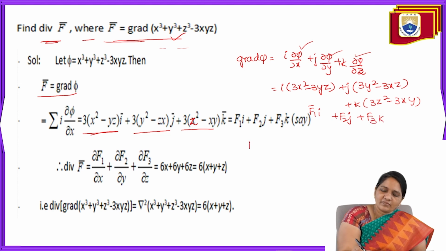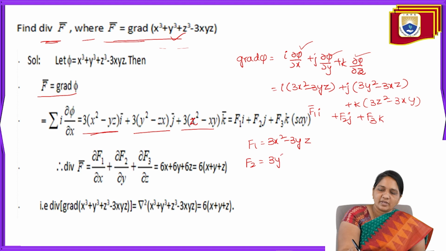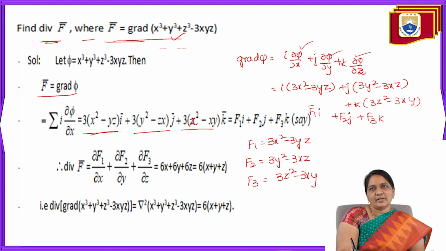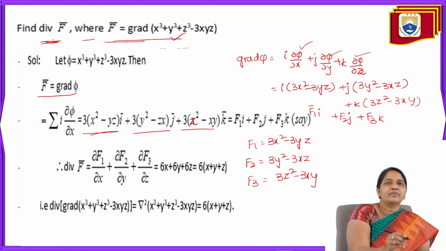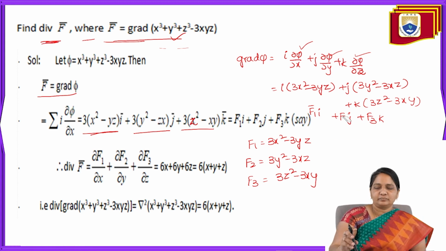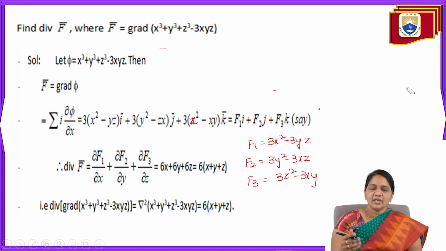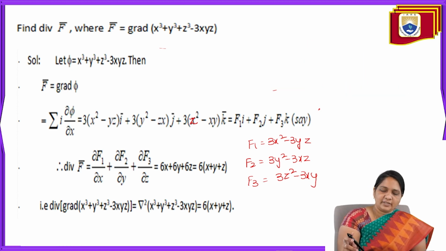So that means f1 value is 3x square minus 3yz. Next, f2 value is 3y square minus 3xz. Next, f3 value is 3z square minus 3xy. So after knowing these values, we can calculate the divergence of f bar. Now I am going to calculate divergence f.